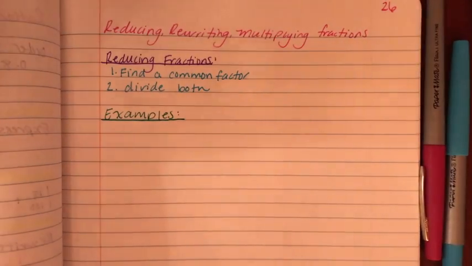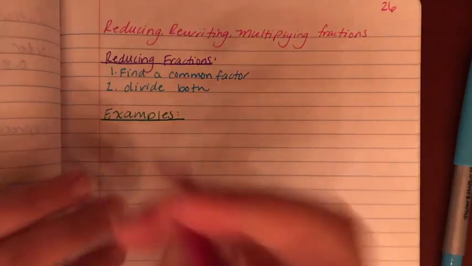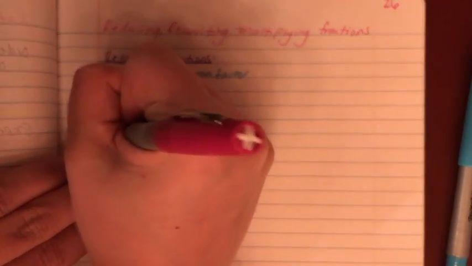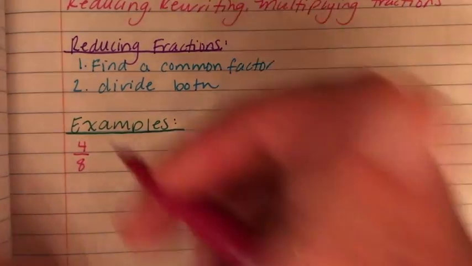So first example, let's do 4/8. We'll keep it simple to start. So I can see just by looking at that that 4 is going to be a common factor, both 4 and 8.